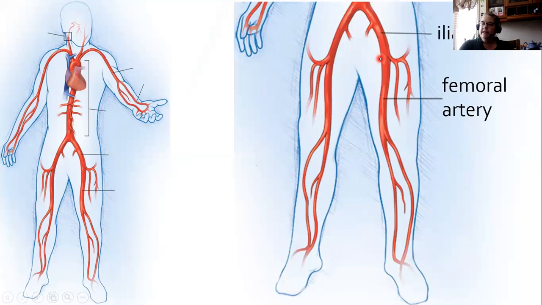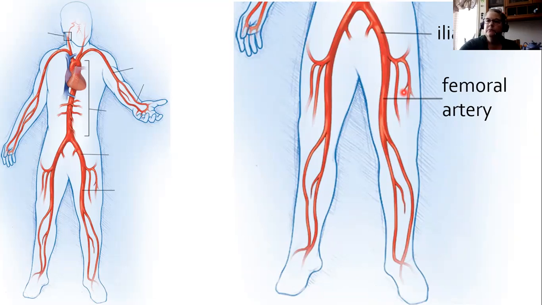So if you suffer an injury of the femur, which is the big thigh bone here, biggest bone in our body, and it splinters to break the femoral artery, that would be really bad. So when we do first aid on people that we suspect a break in the femoral artery, we have to be really, really careful about that.